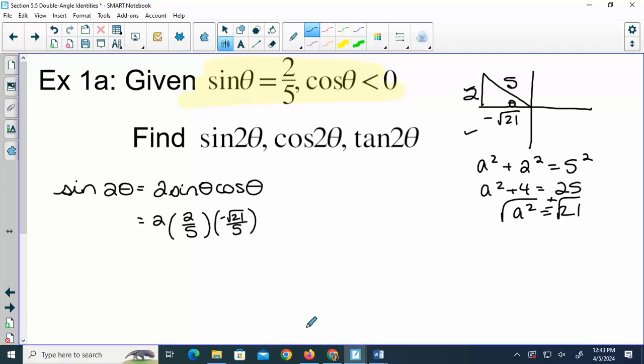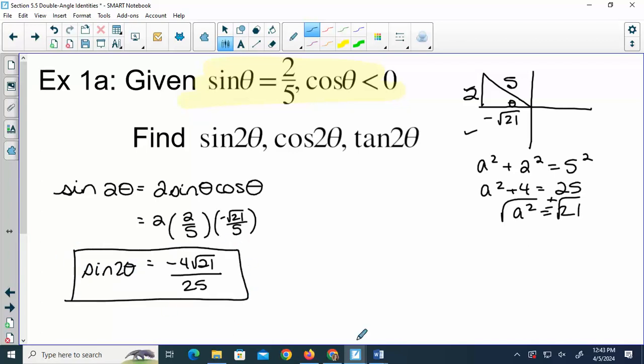That was our very first unit when we used that. Man, I thought we were done with that. Nothing goes away. So 2 times negative radical 21 would be negative 4 radical 21. 5 times 5 is 25. So sine 2 theta is negative 4 radical 21 over 25.